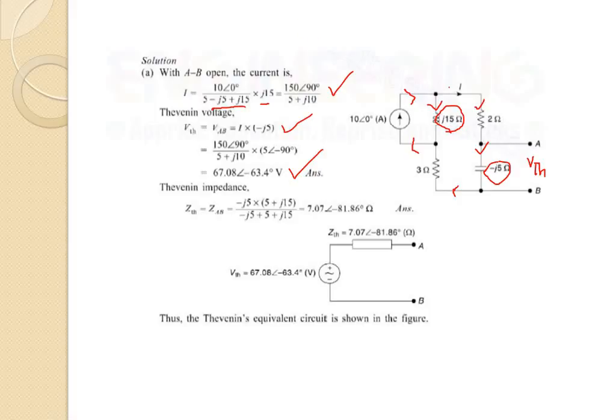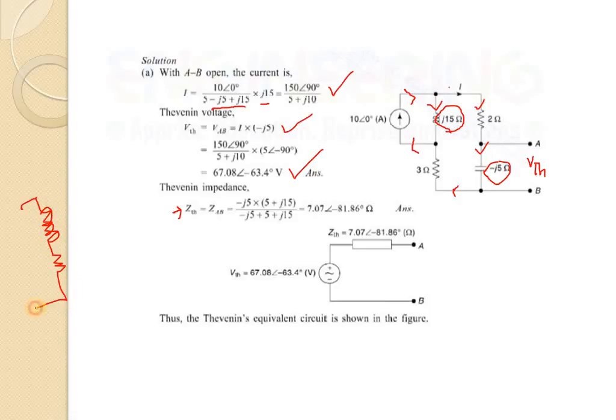Now we have to calculate the Thevenin impedance. So for calculating Thevenin impedance, we have to remove all the sources present. So here only one source is there, that is current source, and we know that when current source is removed, path will be open circuited. So our circuit becomes like this. Sorry, this will be redrawn.